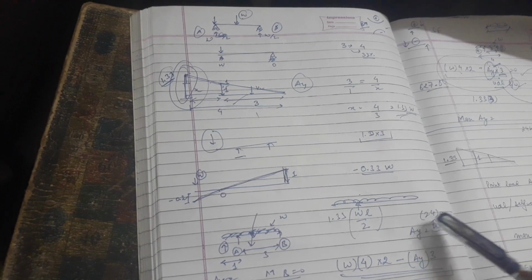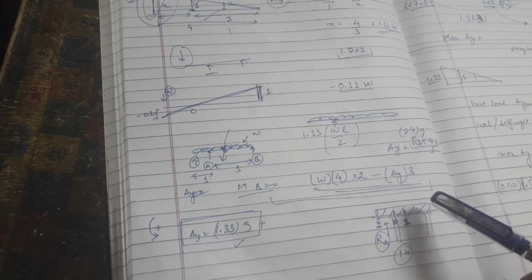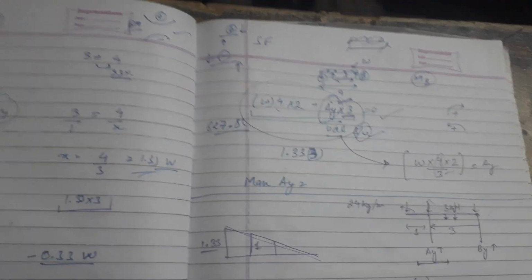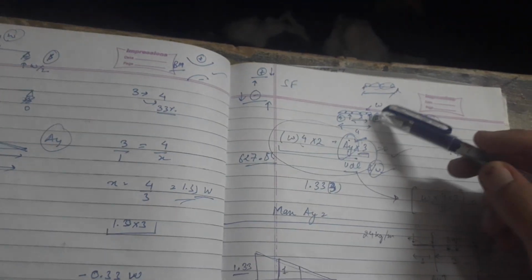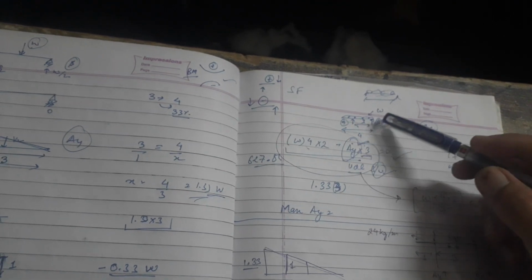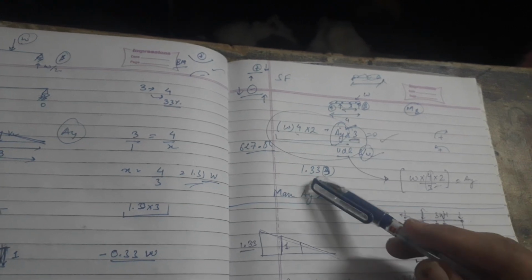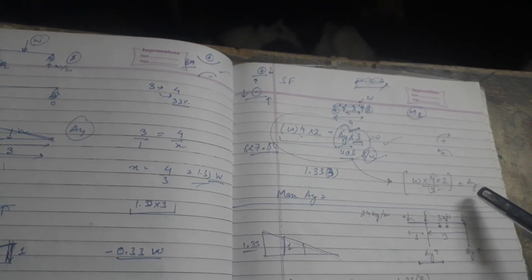AY is equal to W into 4 into 2 by 3. Taking moments, W into 4 into 2 minus AY into 3, so W into 4 by 3 into 2 is equal to AY.